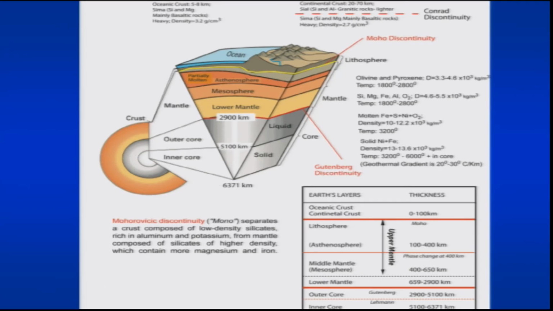So, whatever we have marked, for example, if we look from the surface, we have the oceanic crust and the continental crust. These are the two crusts we have, and together they form the lithosphere.